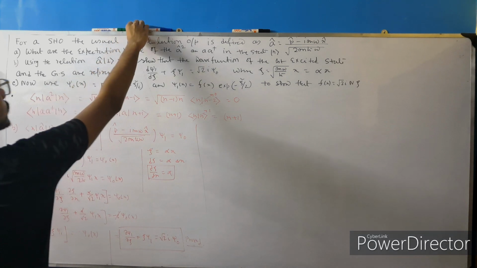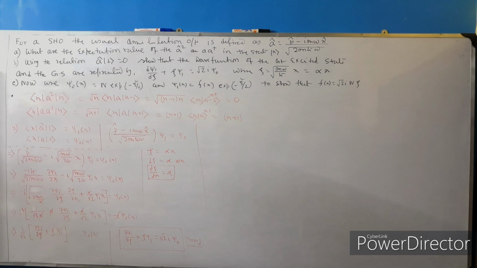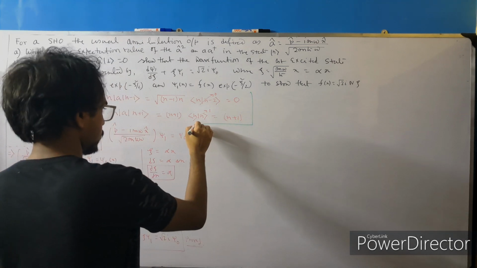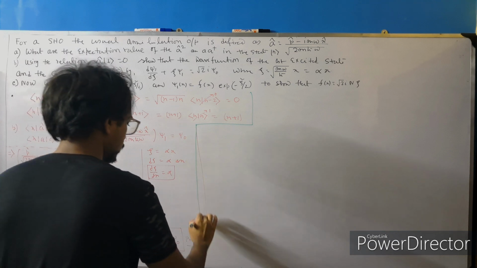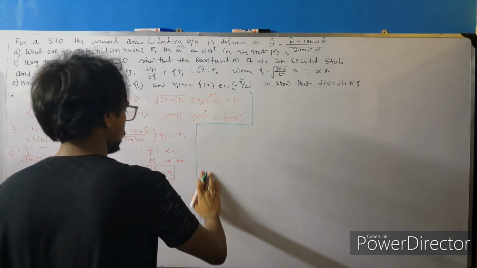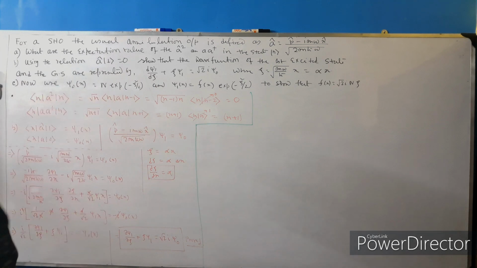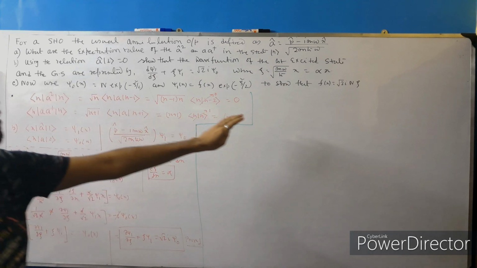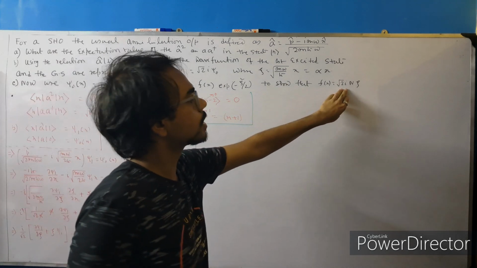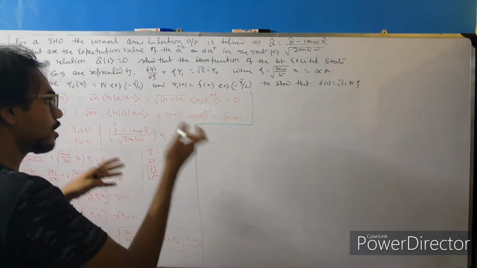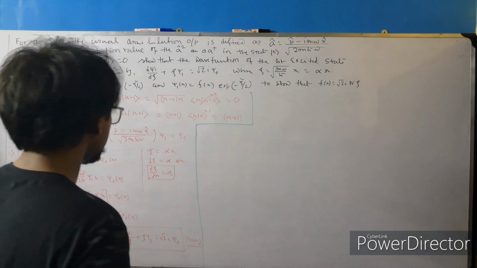After that, let us move on to the given problem C, which says we have to put the given values here, and we have to satisfy that f x is equal to root 2 i n xi. So we have nothing to do, we just have to put the value in the given equation.